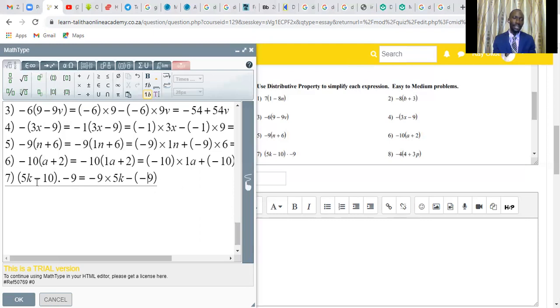Notice that the negative here is already in this position, and so we are remaining only with a 10. So we distribute it out right away.